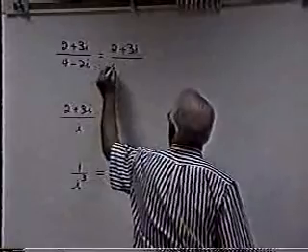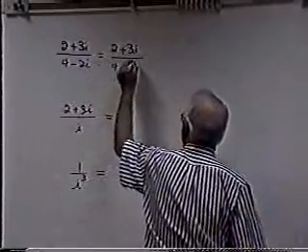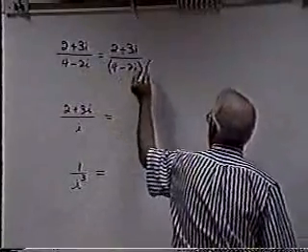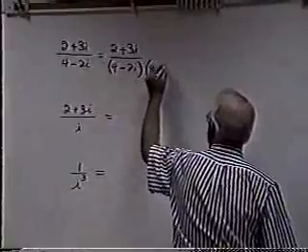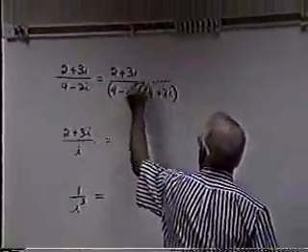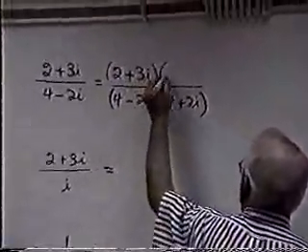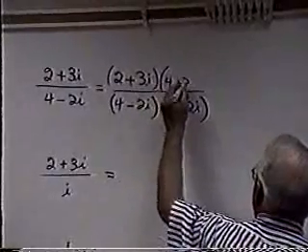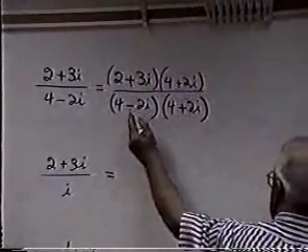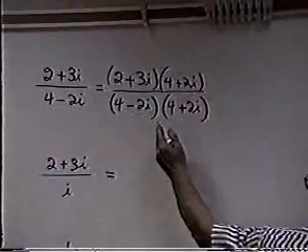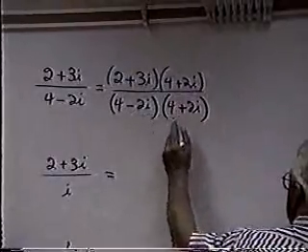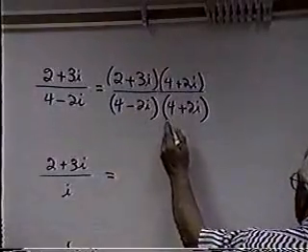We will multiply the top and bottom by the conjugate of the bottom. So we'll multiply the top and bottom by the conjugate of the denominator. Remember, when we multiplied the conjugates, we didn't have any more i's, so that's what we want.